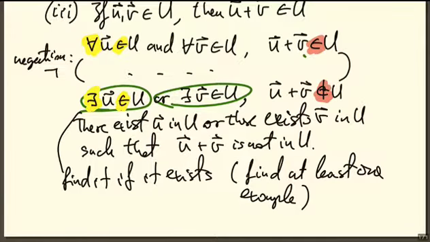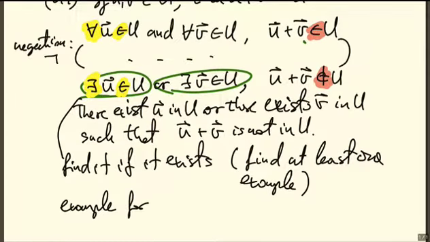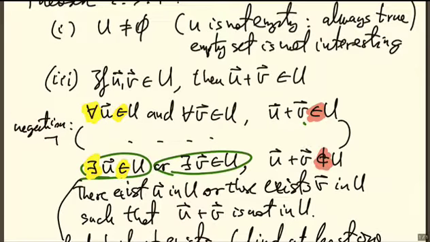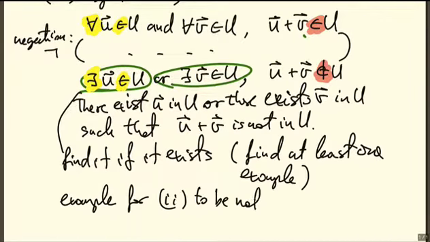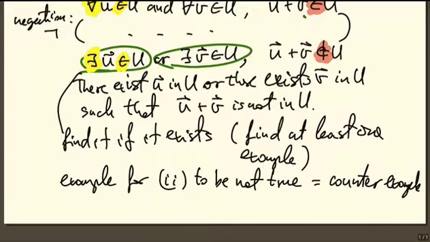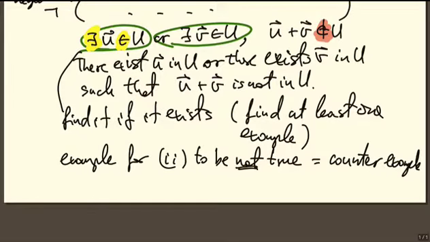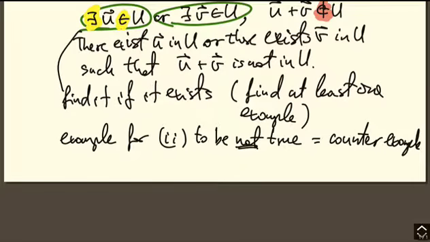This was actually statement 2, so this example is for statement 2 to be not true. We call this a counterexample. So we have to find a counterexample for a statement because we want to show that something that has a universal quantifier is not true.